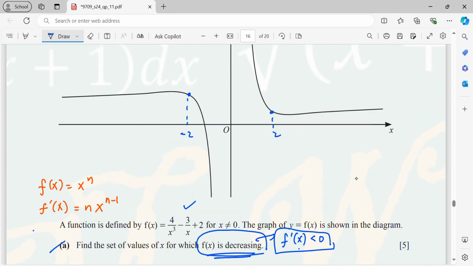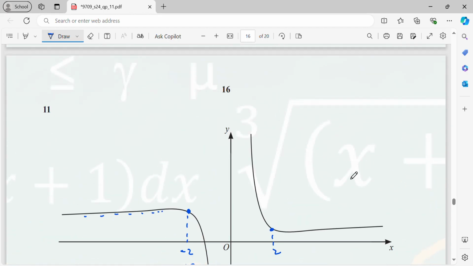So obviously, here it increases, right? And then right after this point, it drops. That means for x between 0 and minus 2, it drops. And also, from 0 to 2, it drops. From here, drop.